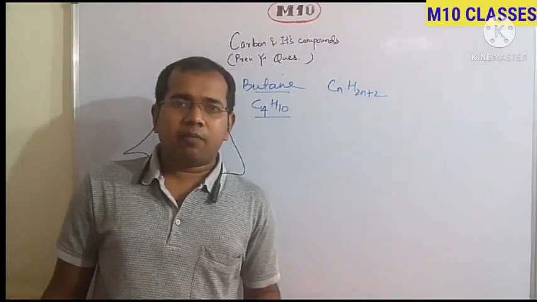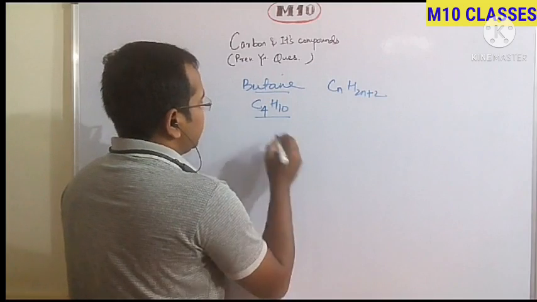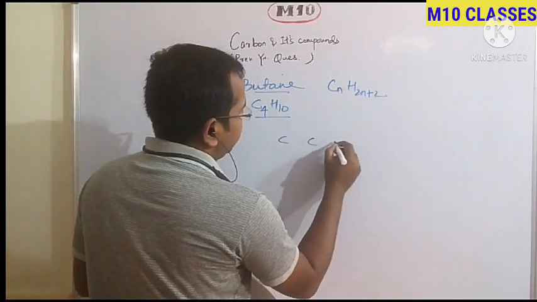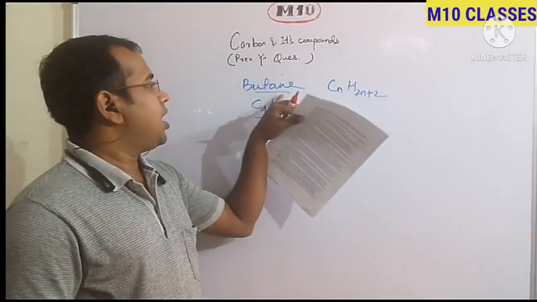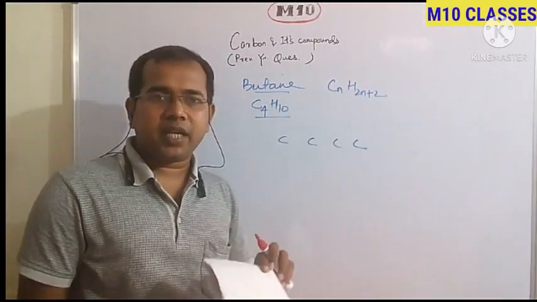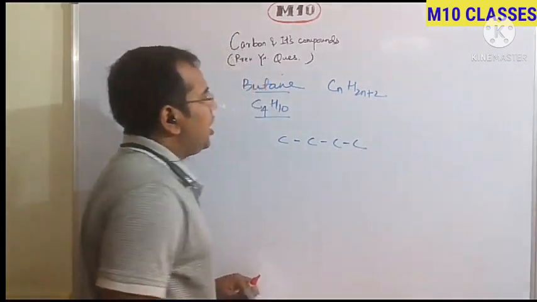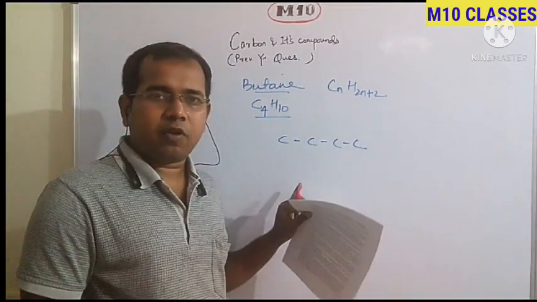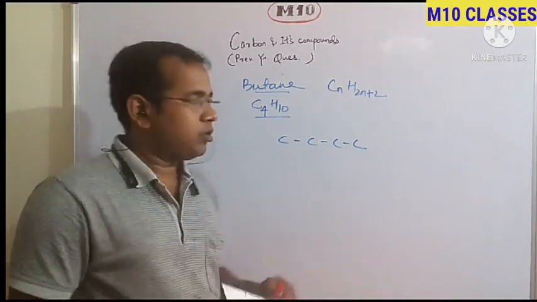You have to find the number of covalent bonds here. As there are 4 carbons, let us put 4 carbons here, and this is an alkane. Alkane means they have single bonds, so you can put single bonds here. You have to fill in hydrogen. As I have already told you, for 1 carbon there can be 4 single bonds.